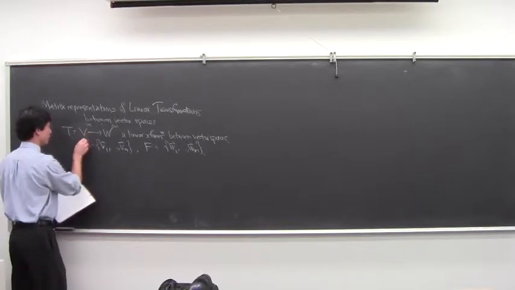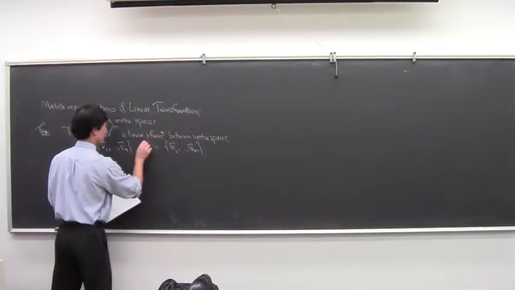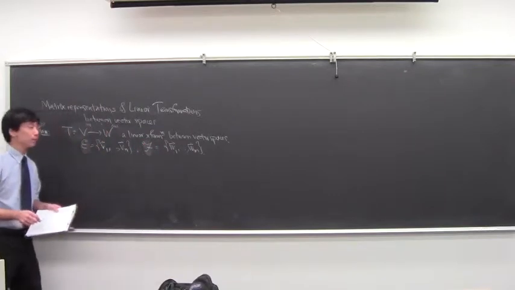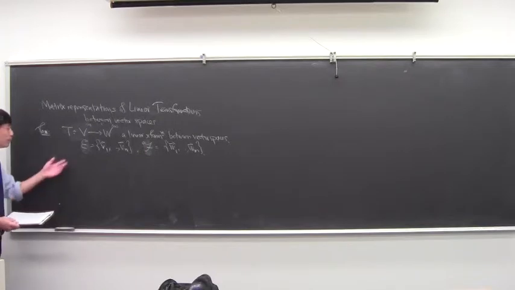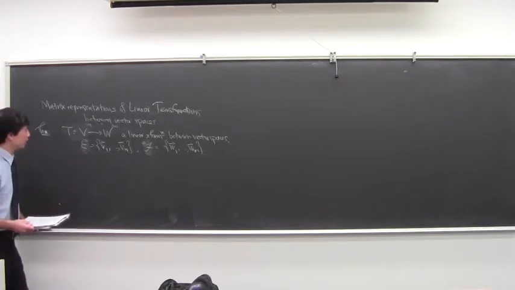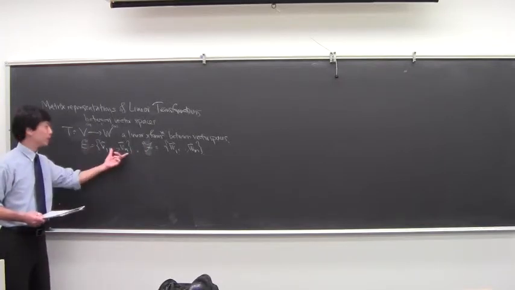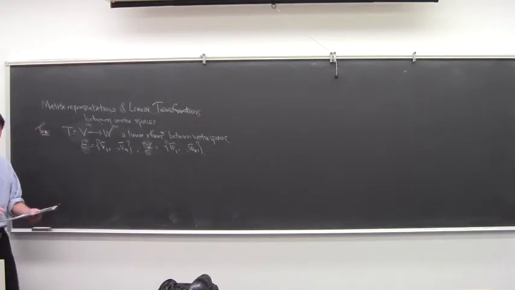So I guess previously I've always used cursive letters to denote the bases, some sort of fancy looking B. Maybe it helps you remember that these are the names of bases if I write them in cursive letters.